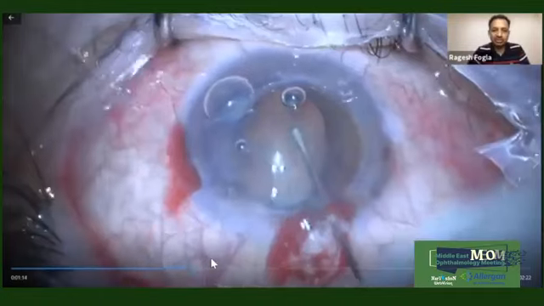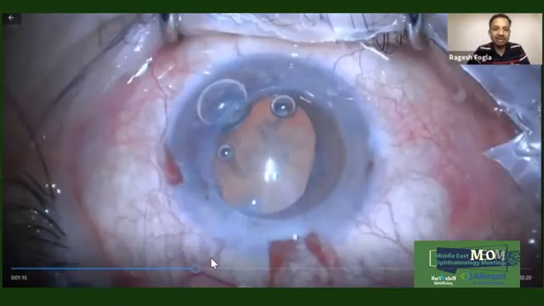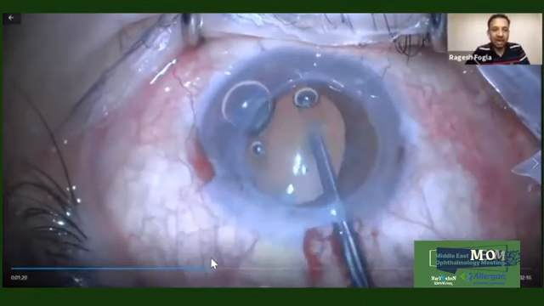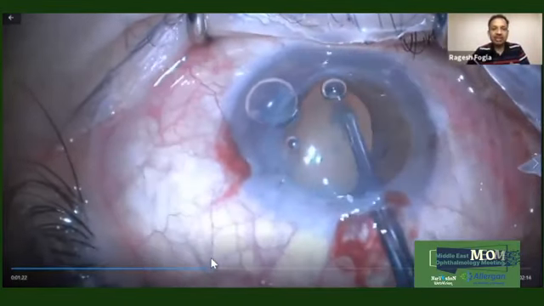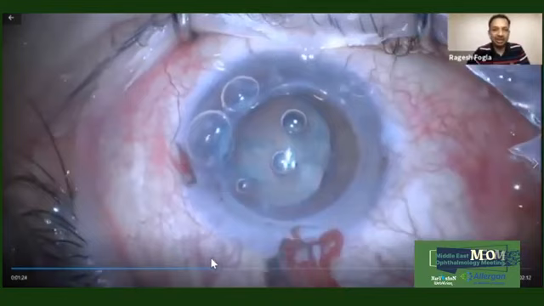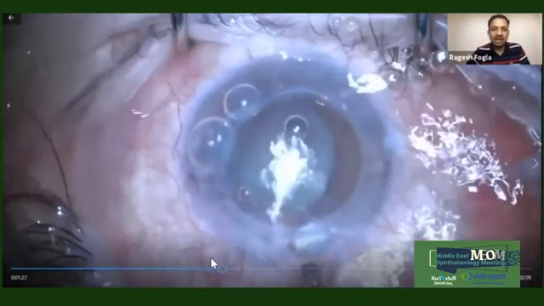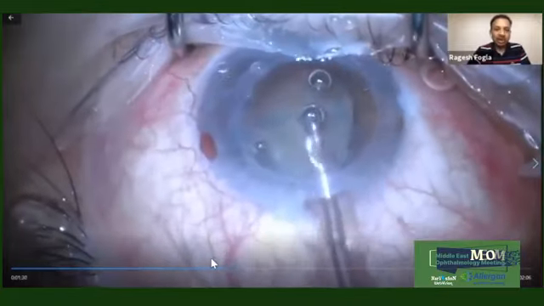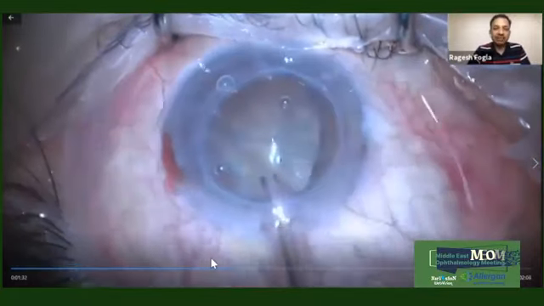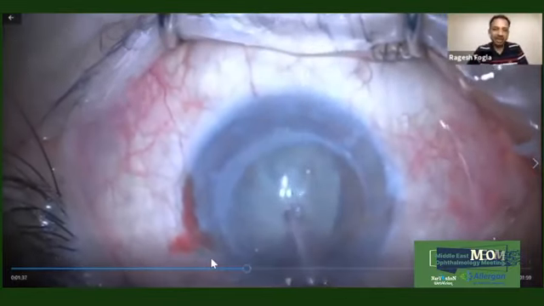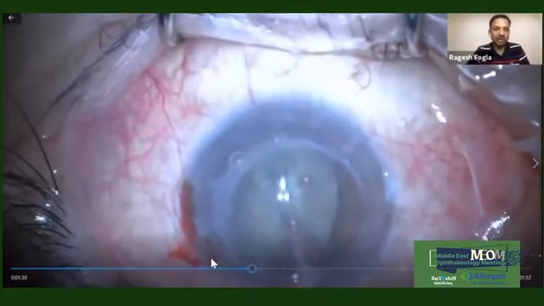If the cornea does not show much astigmatism, maybe I'll use some of those keratometry values for IOL power calculation. And if the patient has a significant amount of astigmatism, then I would try to use an average K. I will do my cataract surgery. I will not aim for a toric IOL, but at the end of surgery, I will try to replace sutures in the cornea to minimize that astigmatism using an intraoperative keratometer.